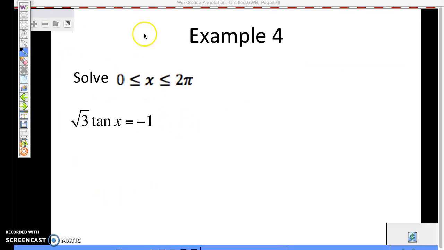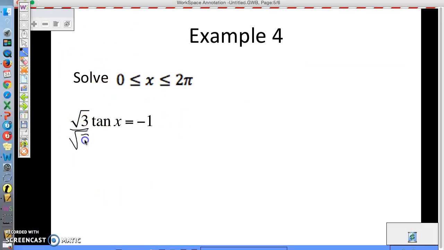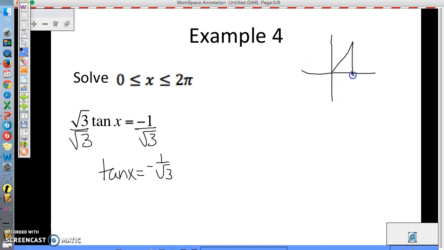The next one we're going to take a look at is tangent, so we have to divide by the square root of 3. And this one's a little trickier. We need negative 1 over the square root of 3. So I know that this is a 30, 60, 90 triangle, but we have to figure out what's our reference angle. Well, let's see.